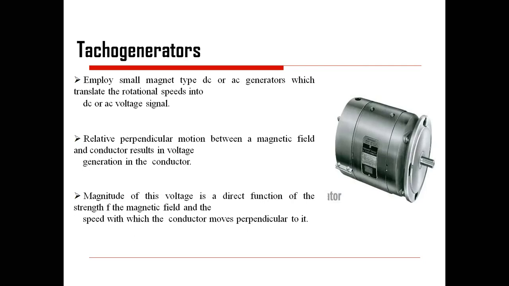I will show that diagram also when we switch towards tacho generators, or AC or DC generators. The magnitude of this voltage is a direct function of the strength of the magnetic field and the speed with which your conductor moves perpendicular to it.